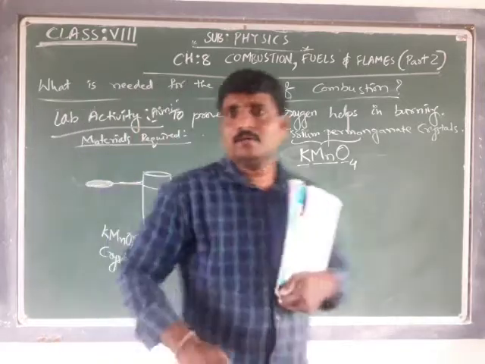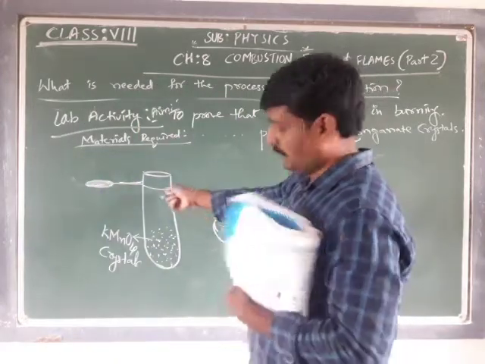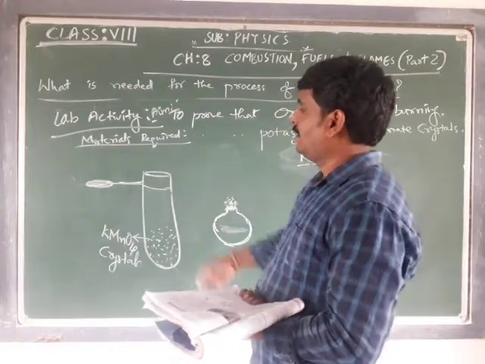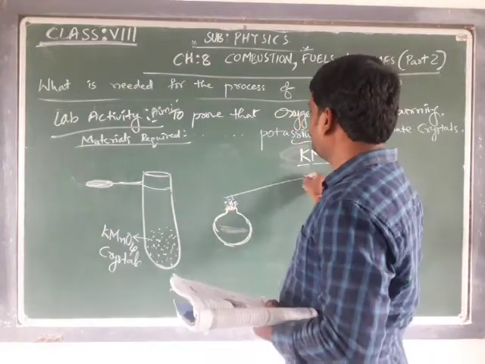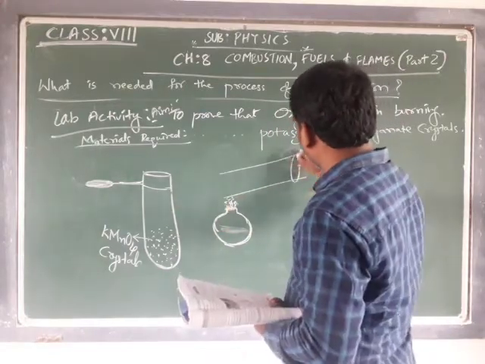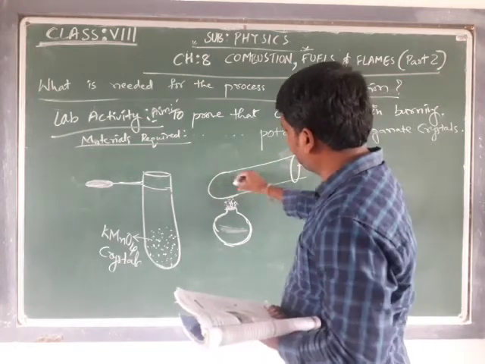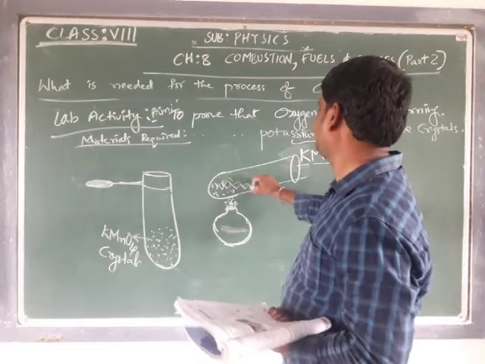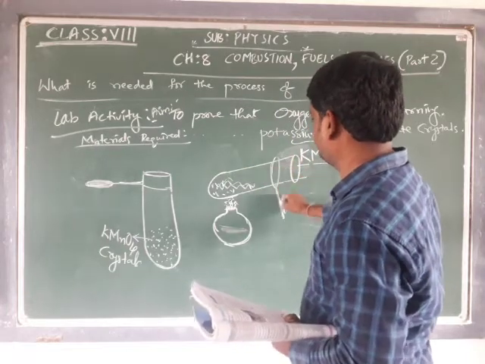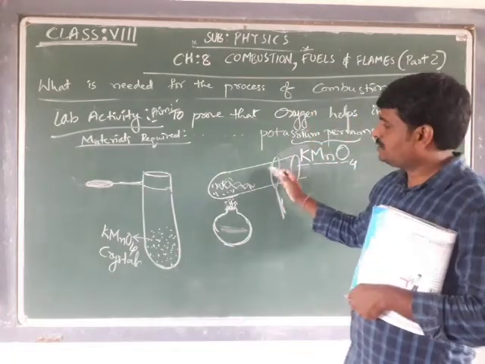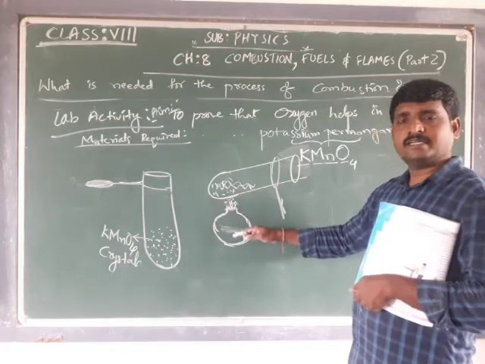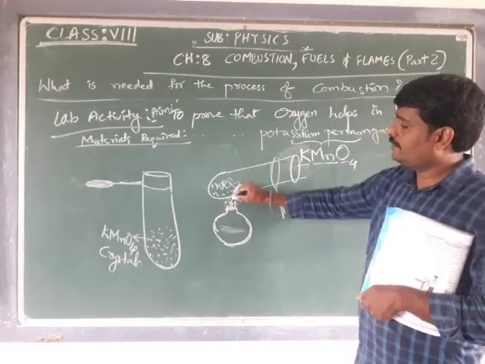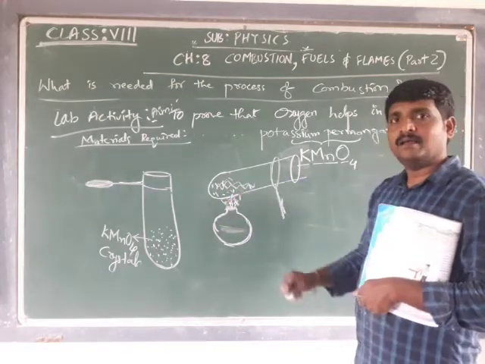Light the spirit lamp and bring this test tube, which contains potassium permanganate crystals, near the flame of this spirit lamp.